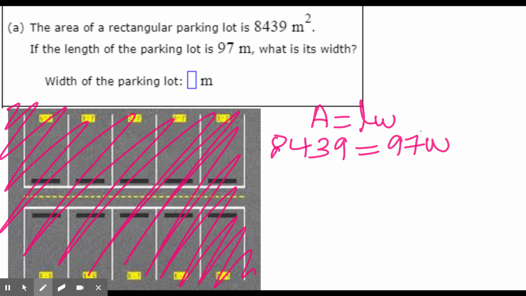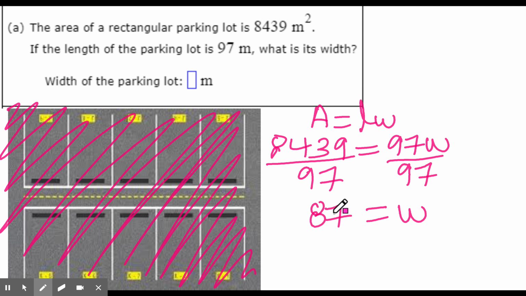To solve for the width, I divide both sides by 97. And I find myself with a width of 87.